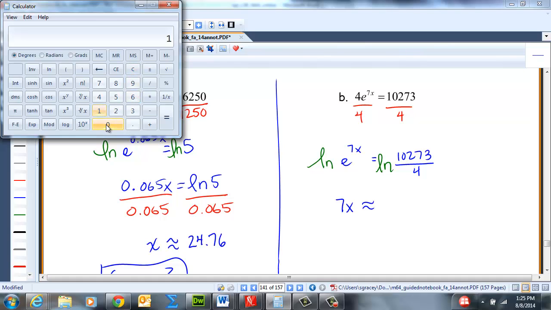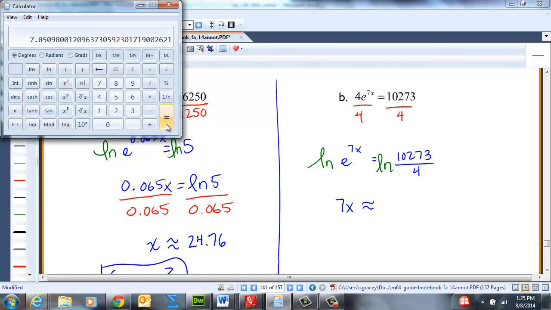So parentheses, 1,273 divided by 4, parentheses, and then natural log. Perfect.